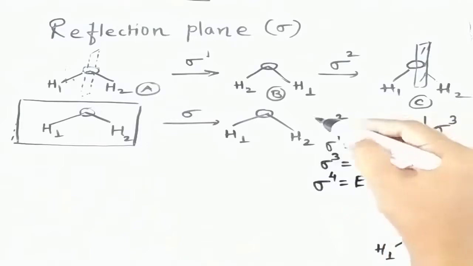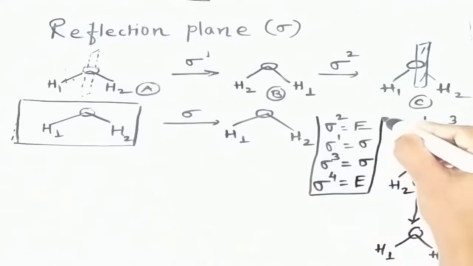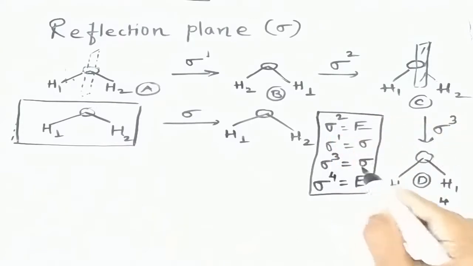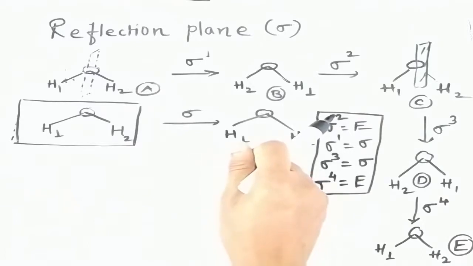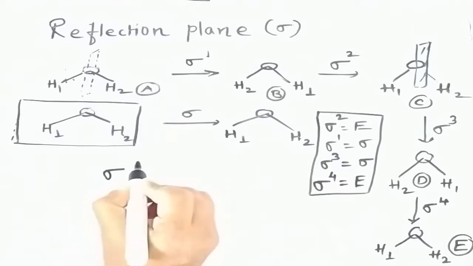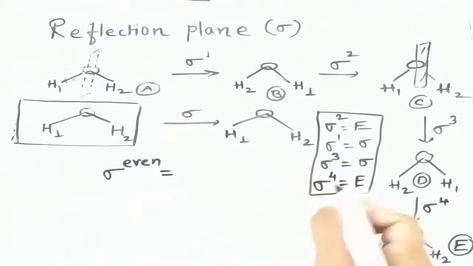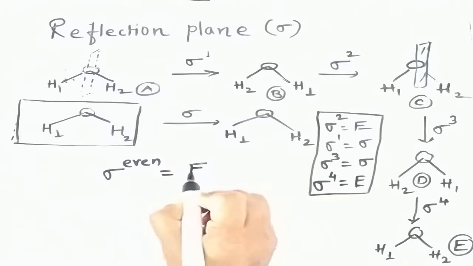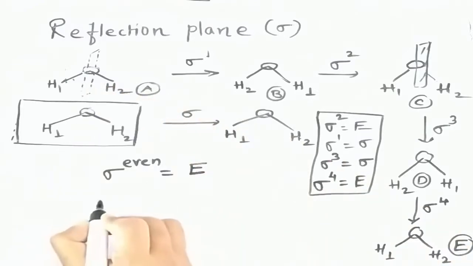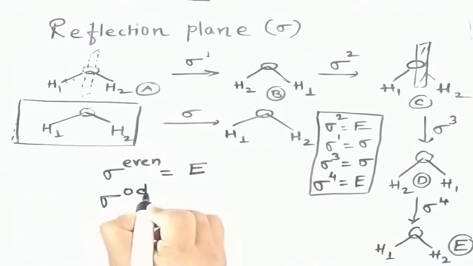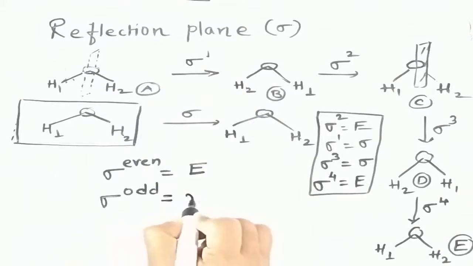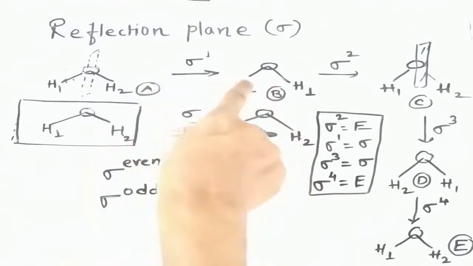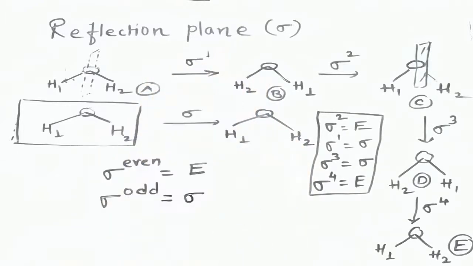What does it mean? If we look at these calculations which we have derived, we can find out that whenever sigma is raised to an even number, it results into identity, that is E, whereas sigma raised to an odd number, that means sigma carried out 1 time, 3 times, 5th time, 7th time, will result into performing sigma once.